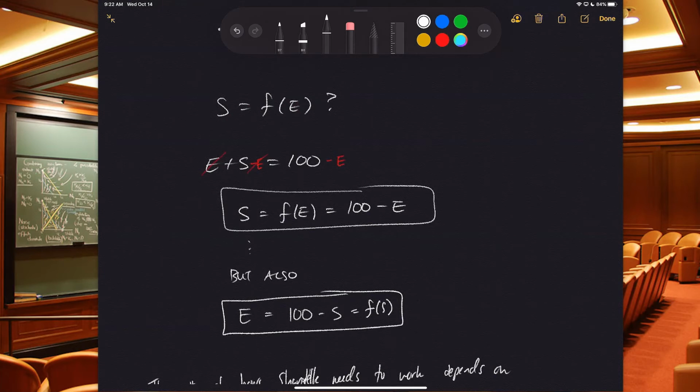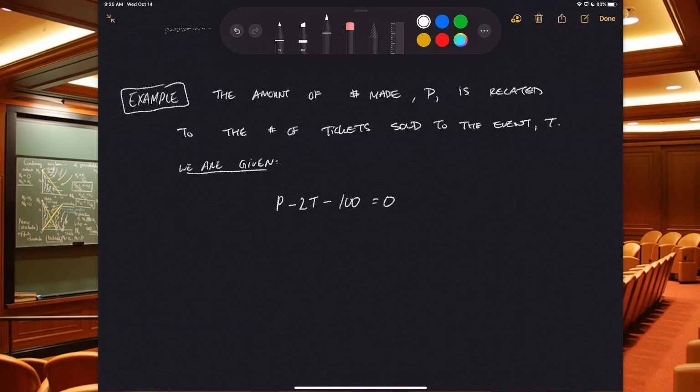Let's look at something where maybe it's a little more of a natural choice, what depends on what. So here we have an example between two variables. The amount of money made at an event P is related to the number of tickets sold to the event T. And we're given this equation that relates the two variables.